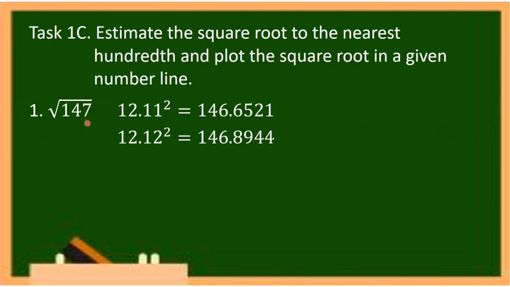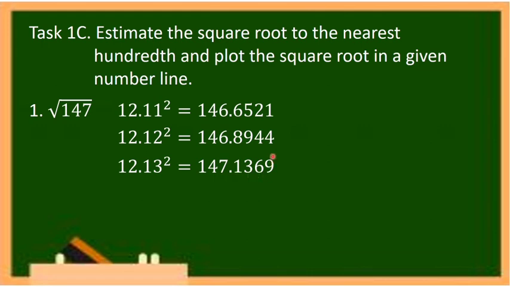So again, we choose the next one, which is 12.13, because we are finding two decimal numbers to the nearest hundredths which are closer to 147. So now let us get 12.13. The square of 12.13, or simply 12.13 times 12.13, is equal to 147.1369, ten thousandths.